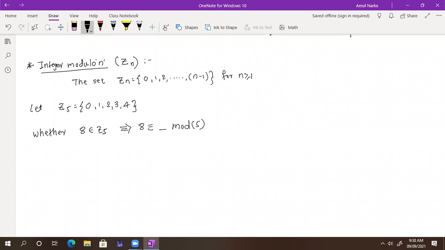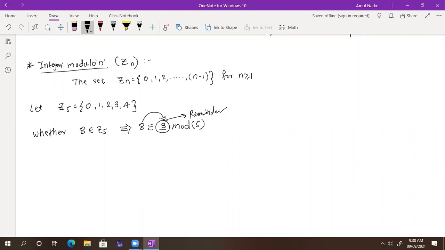That number is nothing but the remainder. If you divide 8 by 5, 5 ones are 5, and the remainder is 3. So you can write 8 is congruent to 3 mod 5.